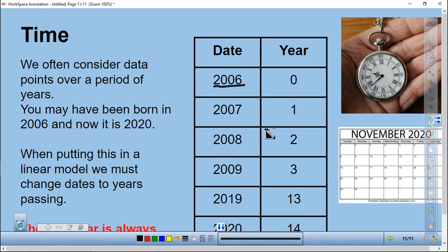Never ever should you plug an actual calendar year date into a linear equation to solve the problem or to create an equation. Always we start at 0 and we go forward in whatever increments of time that the problem presents to us.